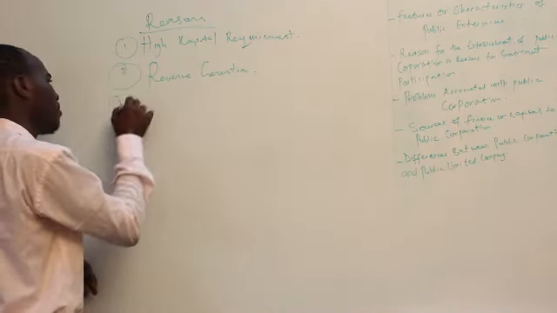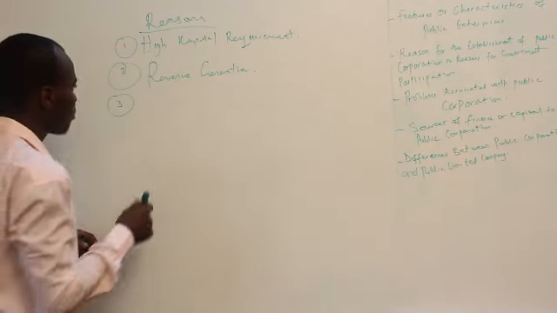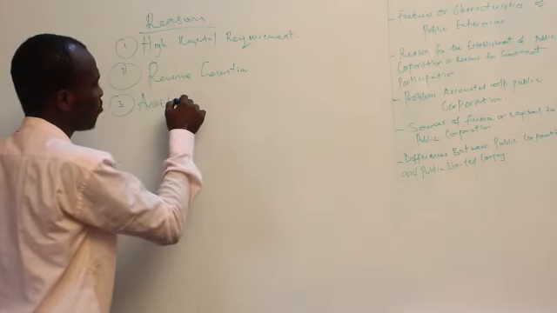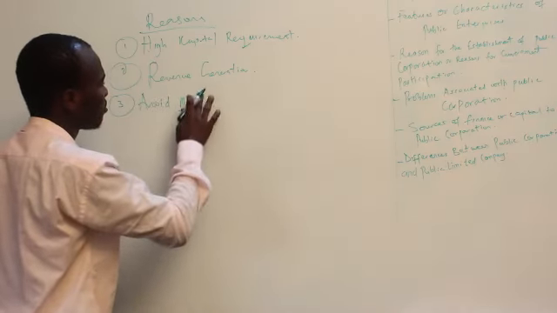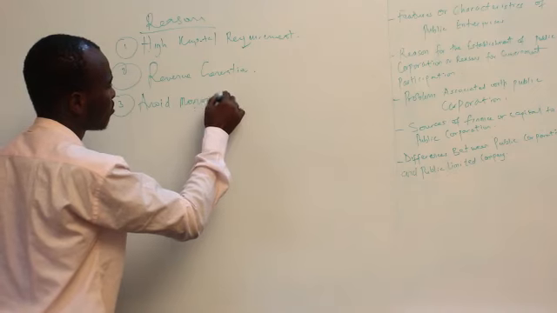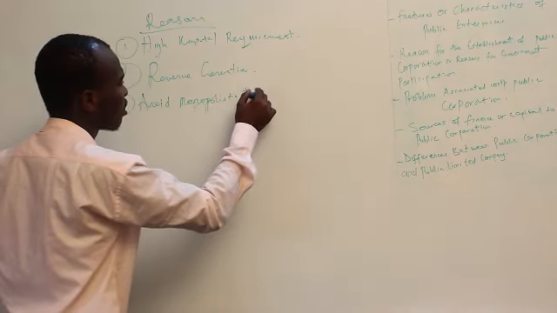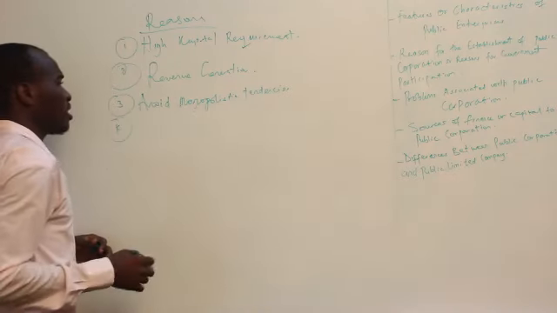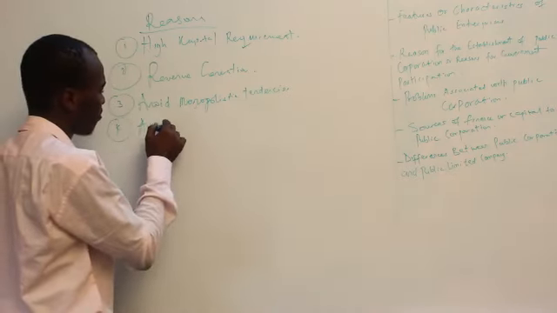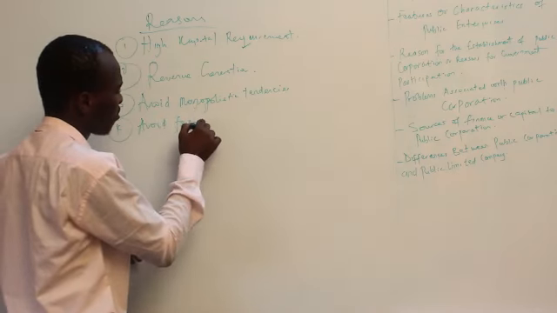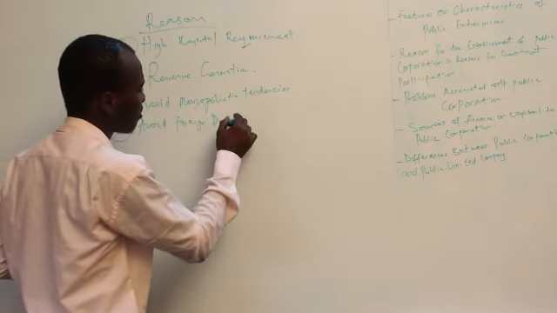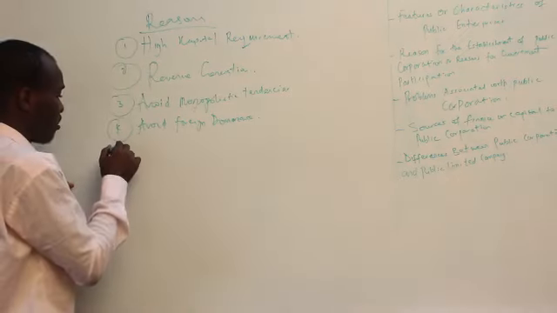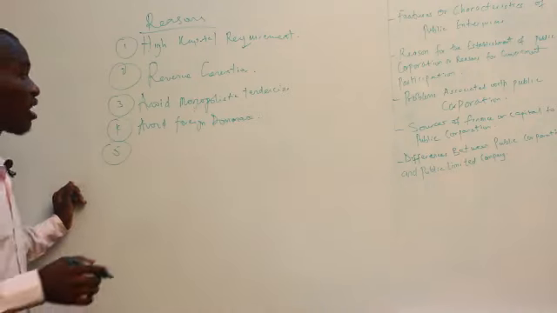Number three is to avoid monopolistic tendency in the economy. Number four is to avoid foreign dominance. To avoid foreign dominance of the economy, the foreigners should not dominate the economy.